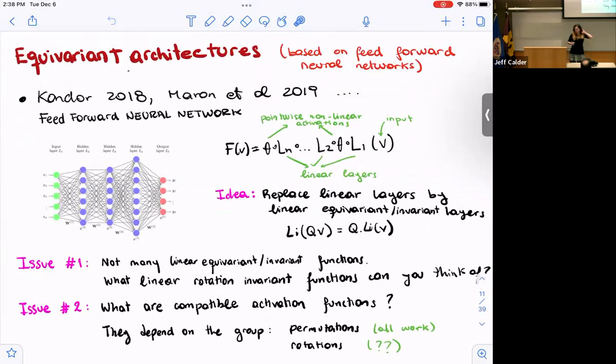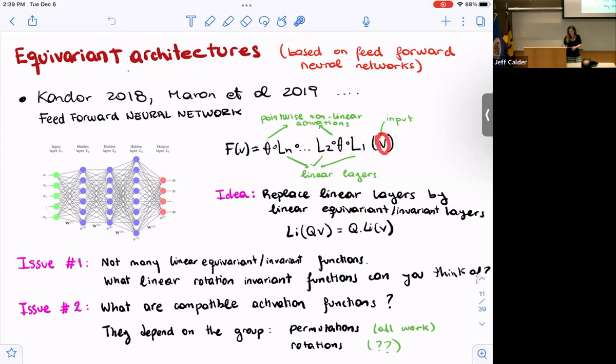These are equivariant architectures based on some papers by Risi Kondor and Maron and collaborators. The idea is to extend the classical feed-forward neural network to work with equivariant functions. Are you familiar with the classical feed-forward neural network? A classical feed-forward neural network is a composition of linear maps with nonlinear functions.